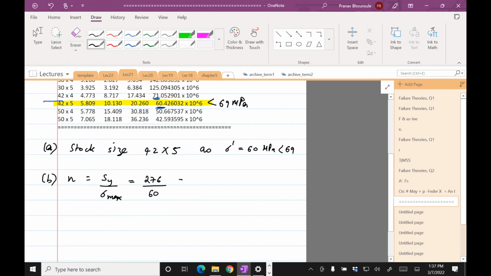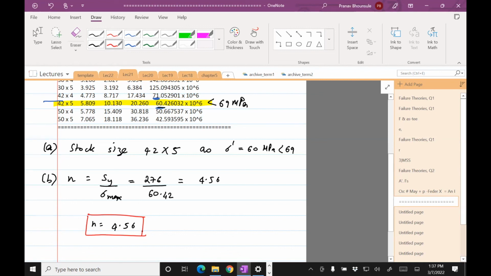So the factor of safety comes out to be 4.56, which is, by the way, greater than the design factor, which was 4. It's safer.